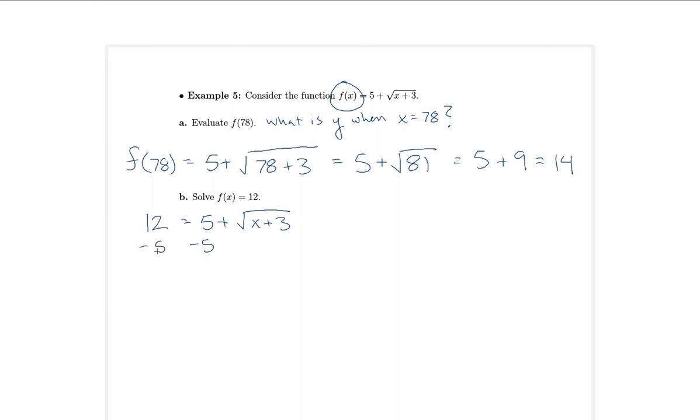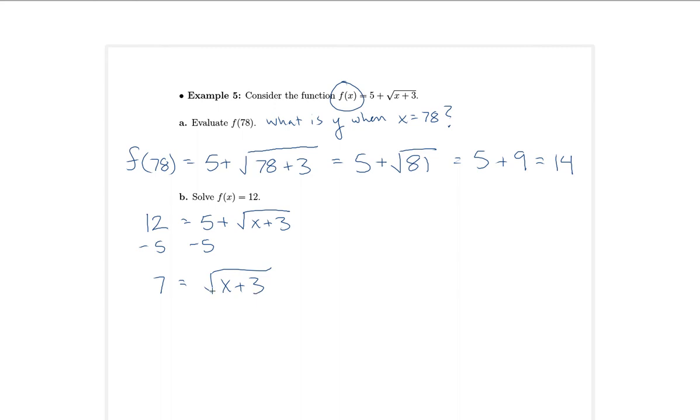So we can subtract 5 from both sides, and we get 7 is equal to the square root of x plus 3. Now a principle that you probably have studied quite a bit in your previous algebra classes is this idea that when you're solving an equation, you're really undoing things. You want to do the opposite in order to get things by themselves.